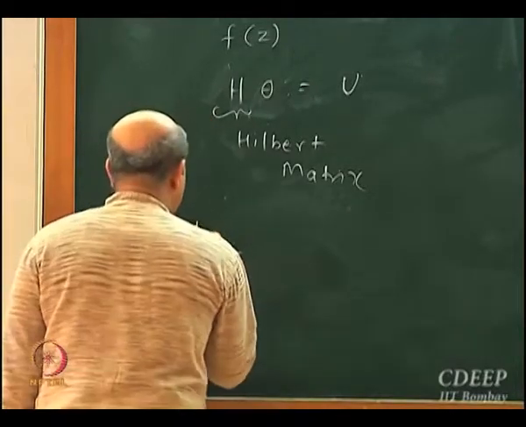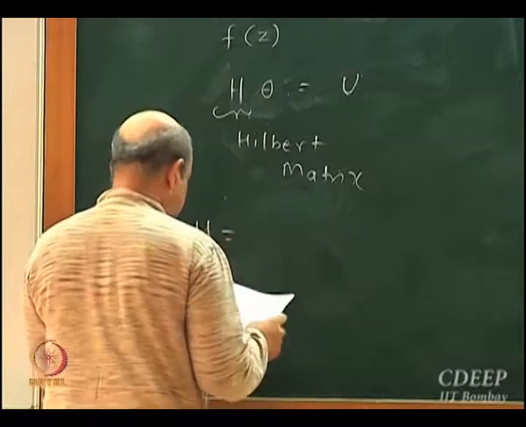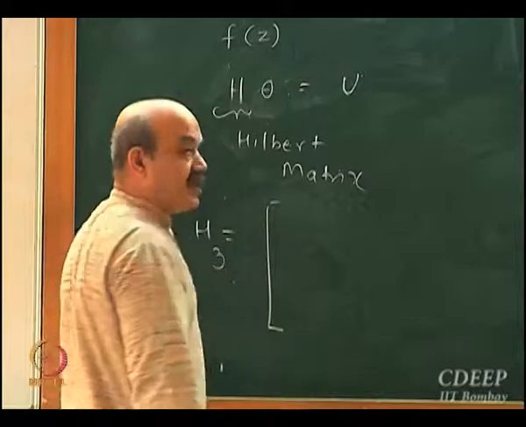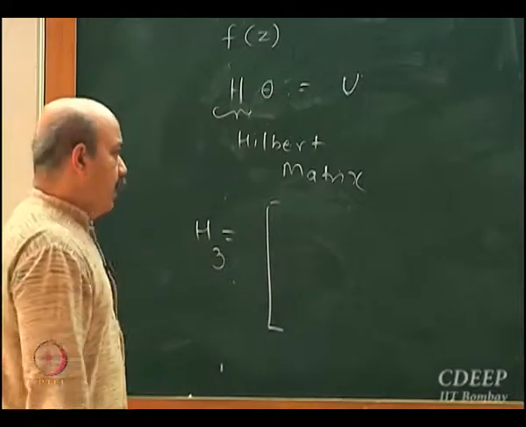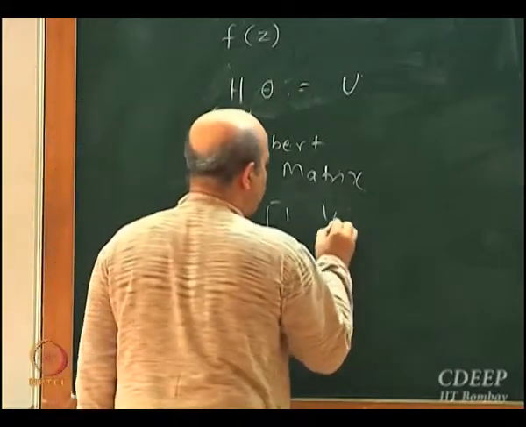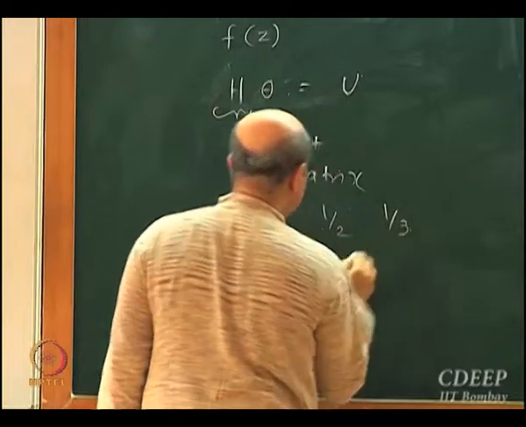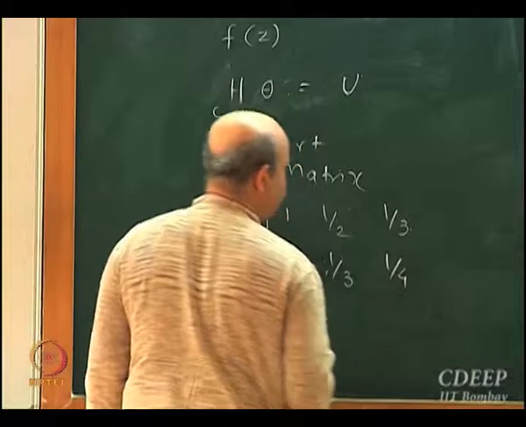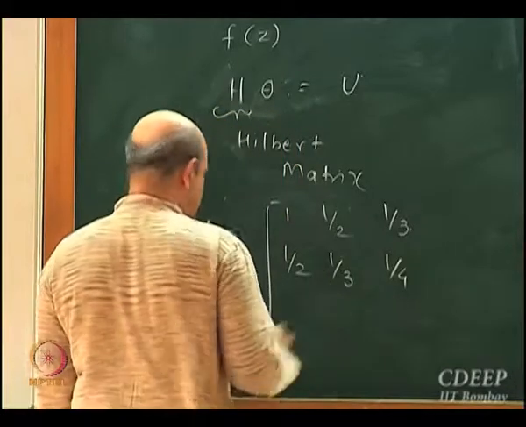What I showed you last time was that H3 is the Hilbert matrix, which is 1, 1/2, 1/3; 1/2, 1/3, 1/4; and so on.